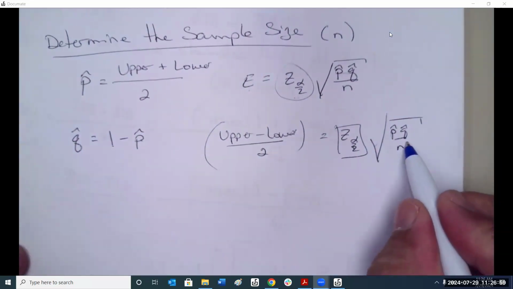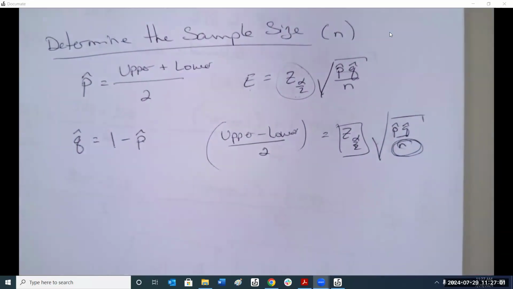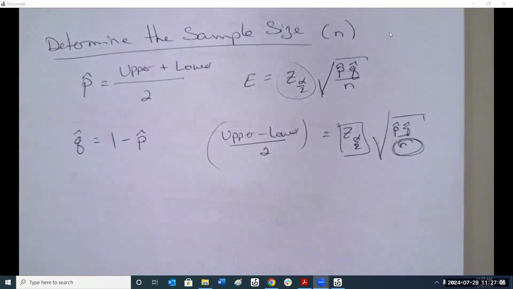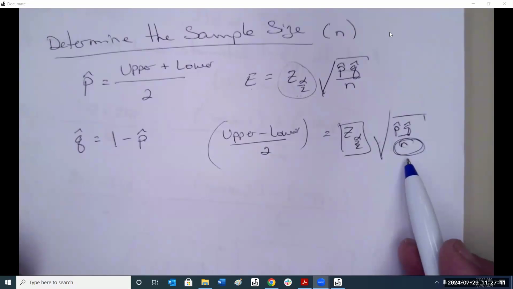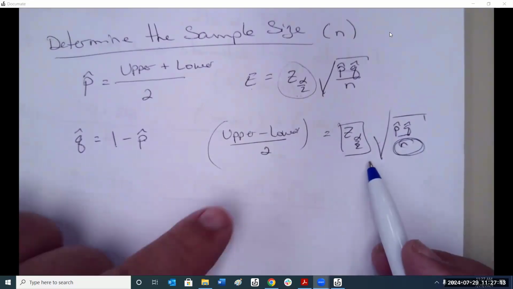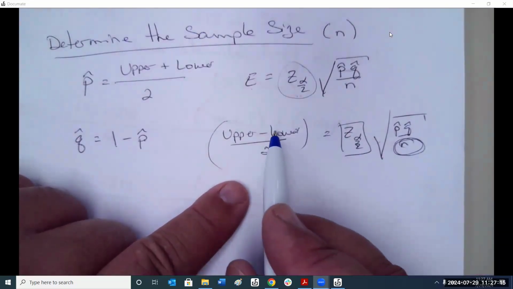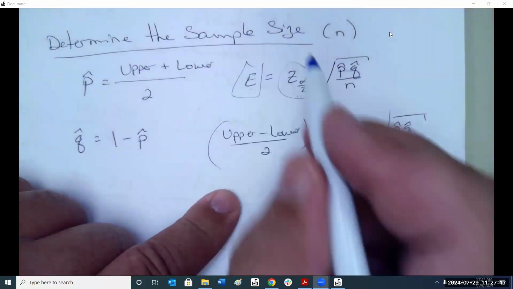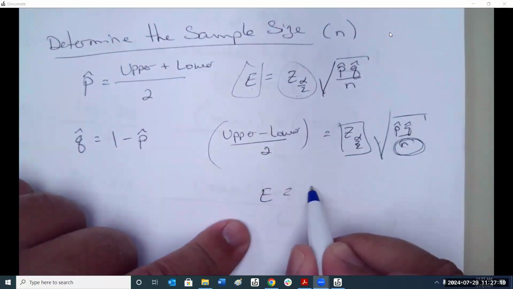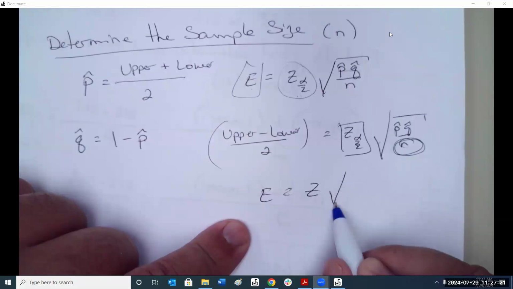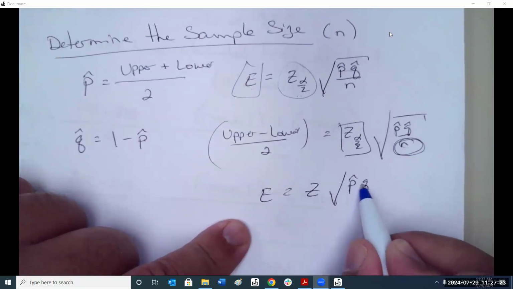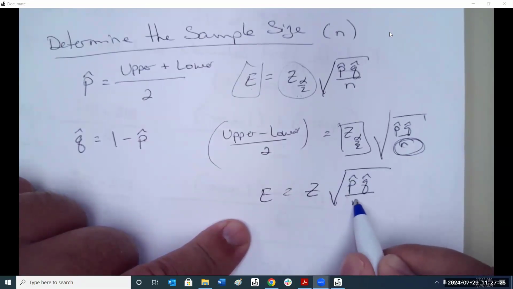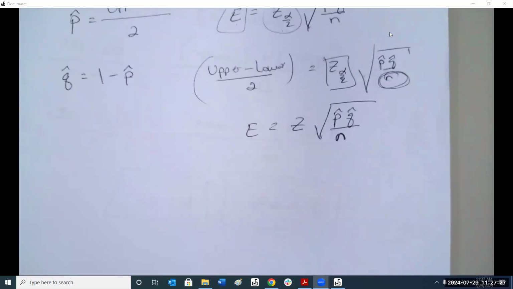So now we have to solve for n. And that's a whole algebra process. I mean, it's not that difficult. Instead of putting in the numbers, I'm going to leave it as E. So we have E equal to z times the square root of p hat q hat over n.